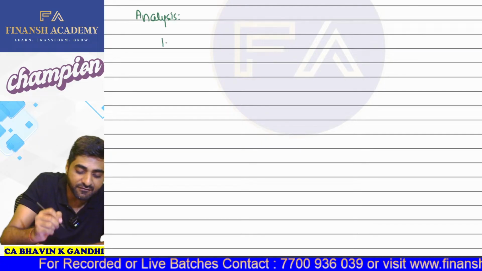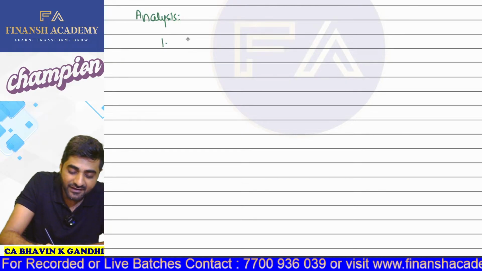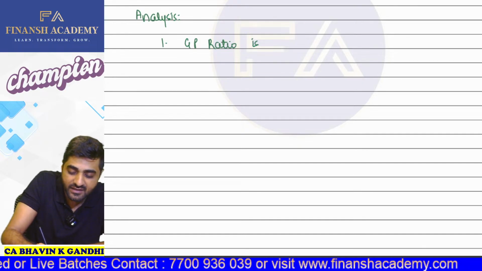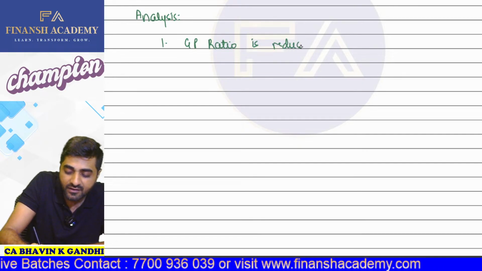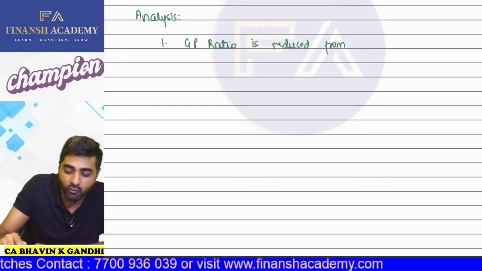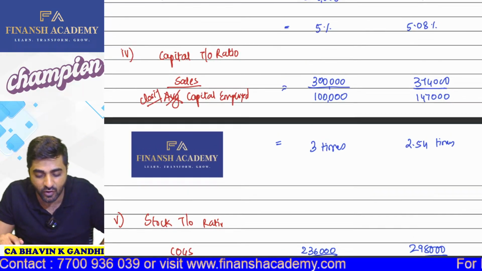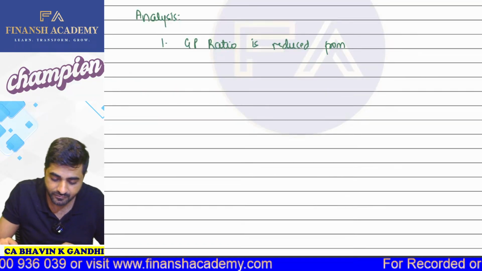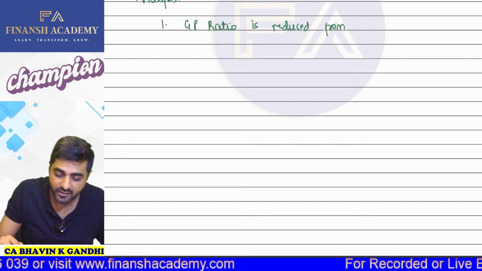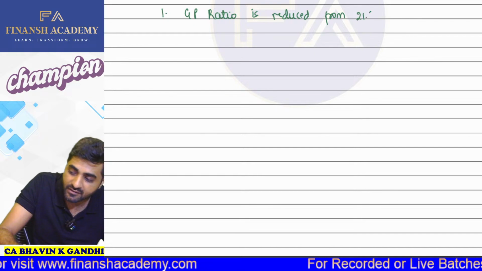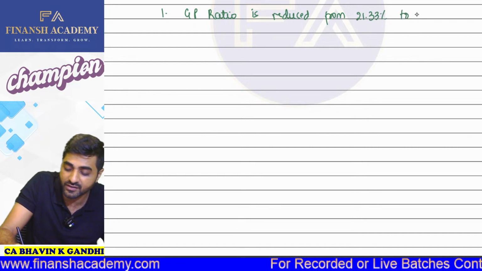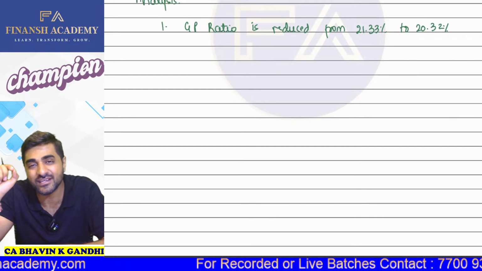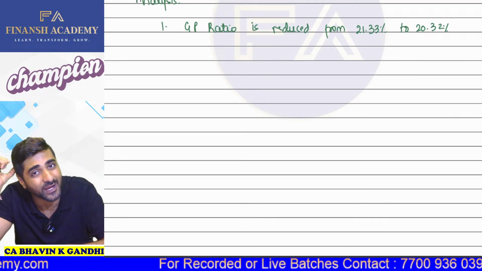And in this analysis, the first point is the gross profit ratio is reduced. From what to what, beta? It is reduced from 21.33 to 20.32. Now see, prima facie, there are two reasons due to which a GP ratio can be reduced.